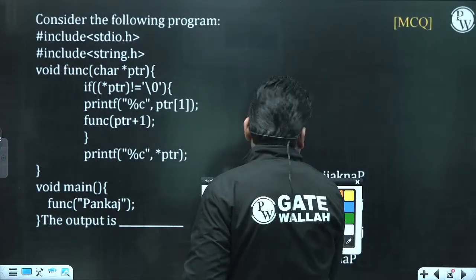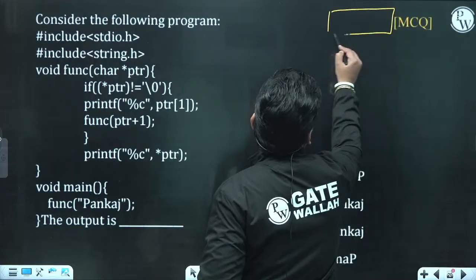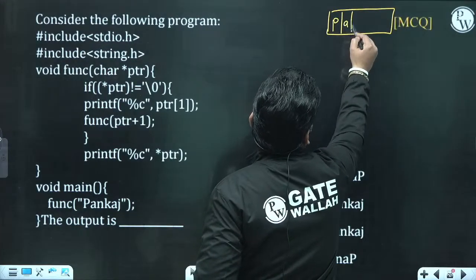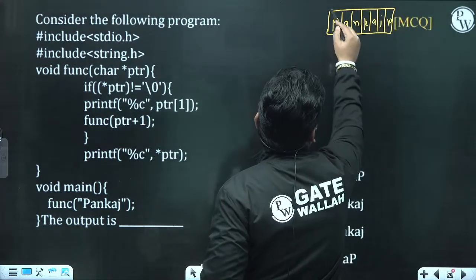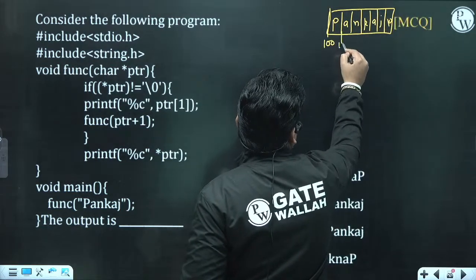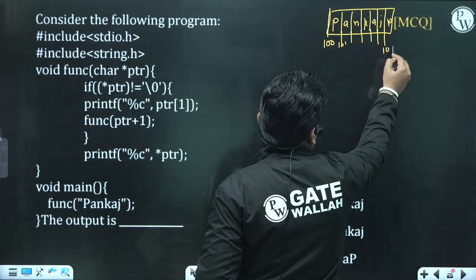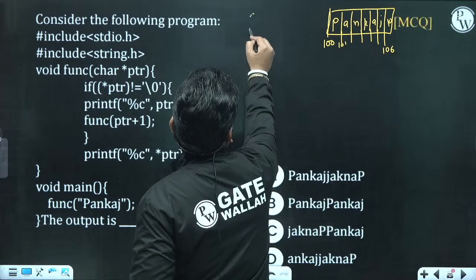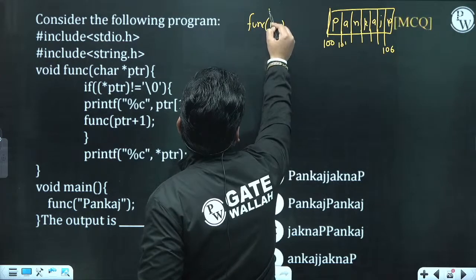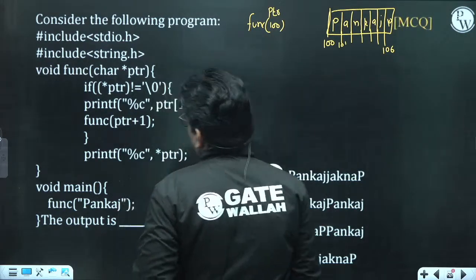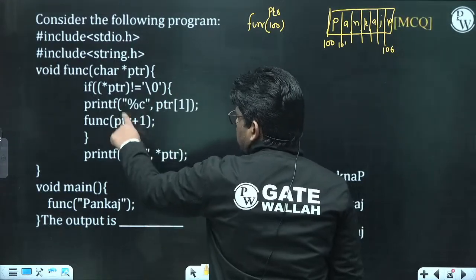Sir, if we have a string like P, A, N, K, A, J and null, let us suppose the address is 100. The addresses are 101, 102, 103, 104, 105, 106. From func you are passing 100, so PTR is pointing at 100. Now they are saying, if the content is not null, execute these two lines.